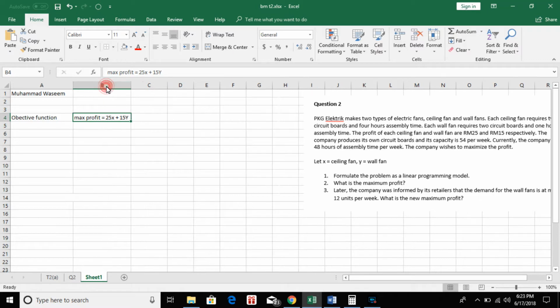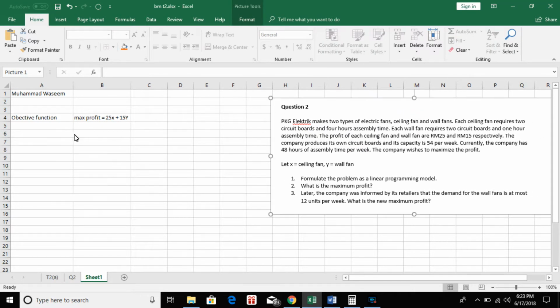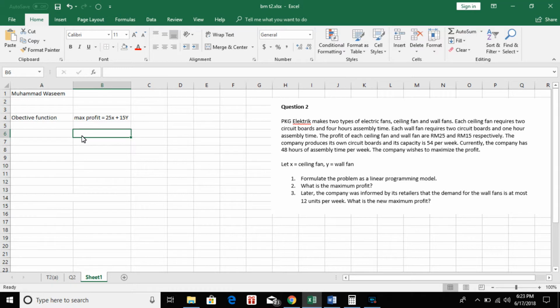So now next we have to formulate constraints from the question. We have to extract what our constraints are, as our components are ceiling fan and wall fans. Ceiling fan and wall fans. Second is wall fan. Each ceiling fan requires two circuit boards and 4 hours assembly time.